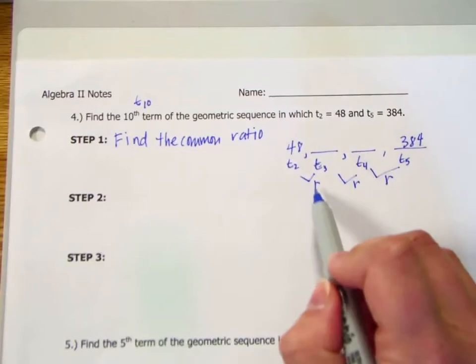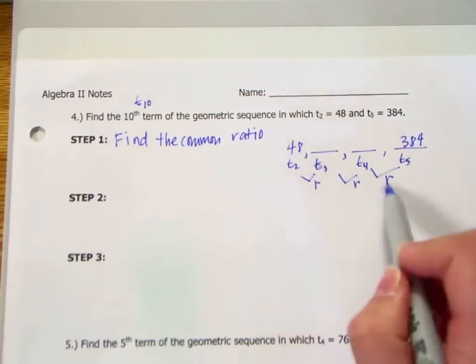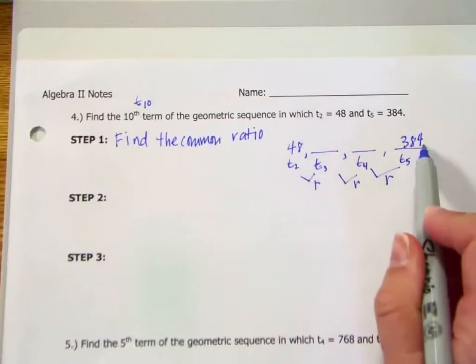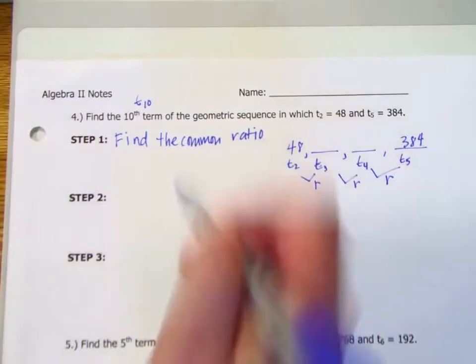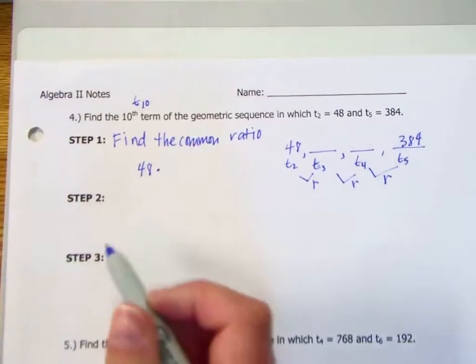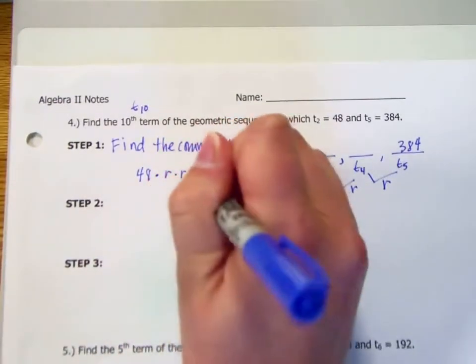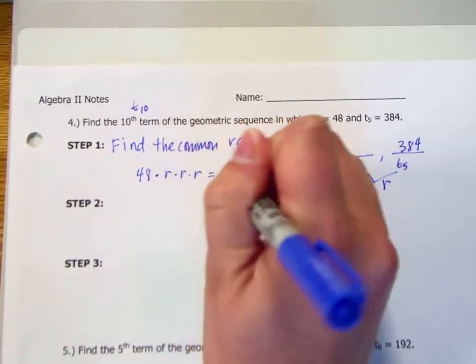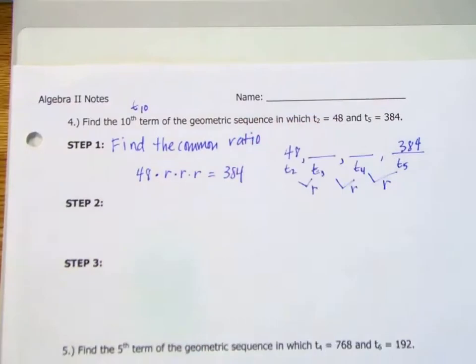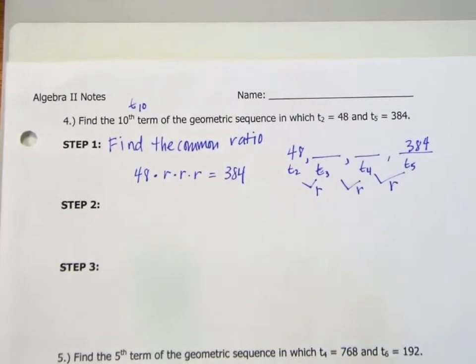So I multiplied from 48 by 3 common ratios to get to 384. So from 48, I multiplied by that common ratio 1, 2, 3 times to get to 384. Basically what I'm ending up doing is solving for r.